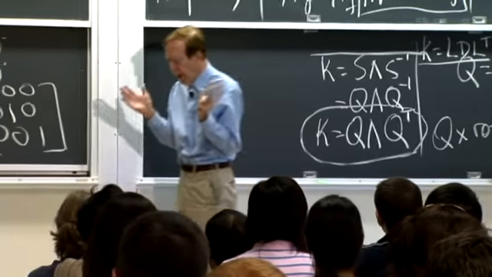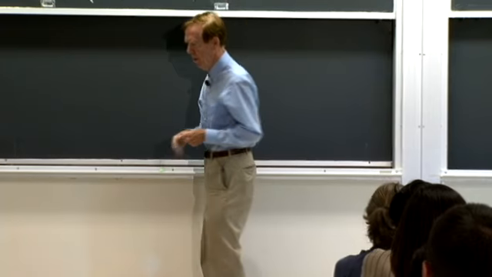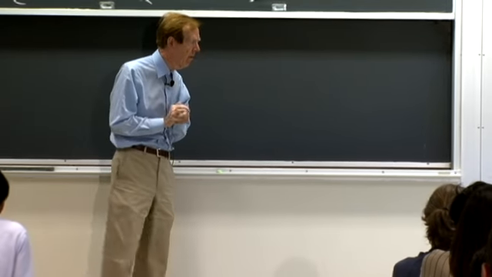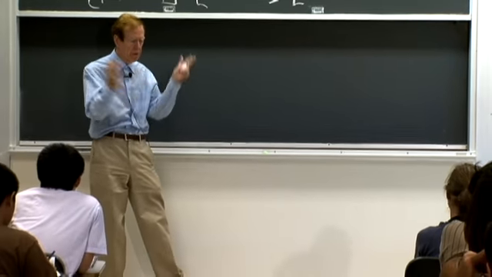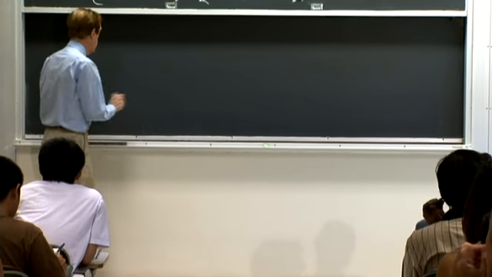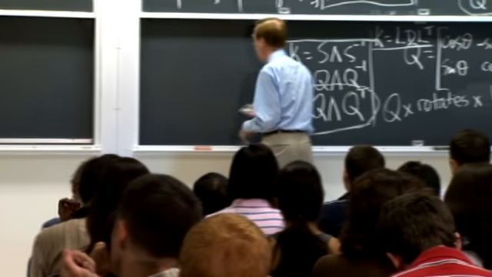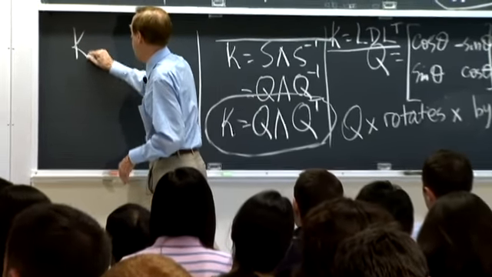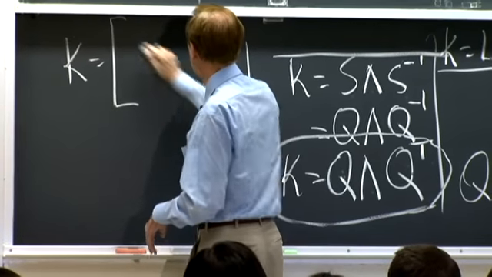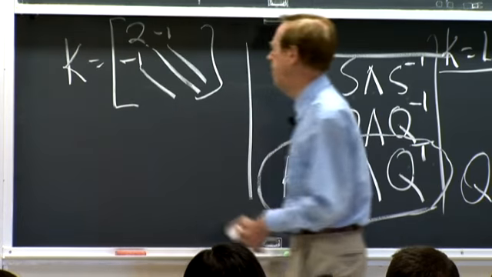Those are n by n, and as I said last time, usually it's not very likely that we find all the eigenvalues and eigenvectors of this family of bigger and bigger matrices. So now I'm going to specialize to my n by n matrix, K equals 2's down the diagonal, minus 1's above, and minus 1's below.